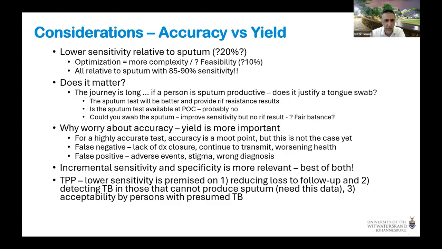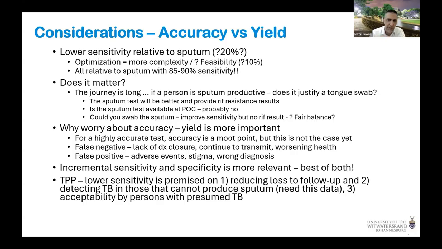What we at WHO tried to push for is not necessarily yield, but actually incremental sensitivity and specificity. And that's something that we've done recently with the concurrent testing for VLHIV in children. It's probably a more accurate and safer way of dealing with things, where you're aiming to get incremental accuracy and specificity.